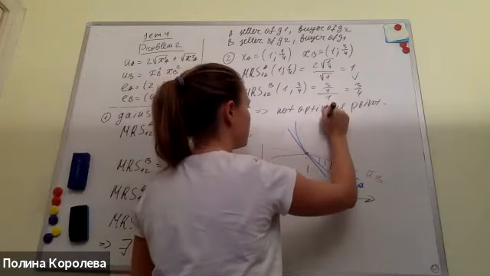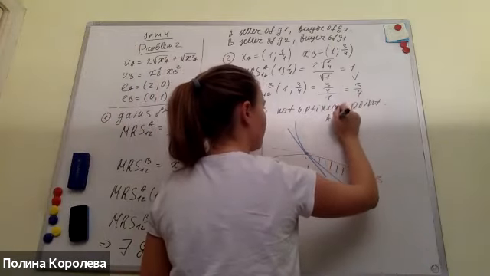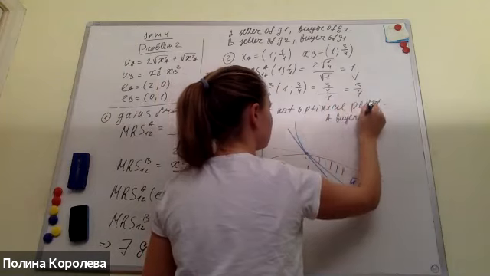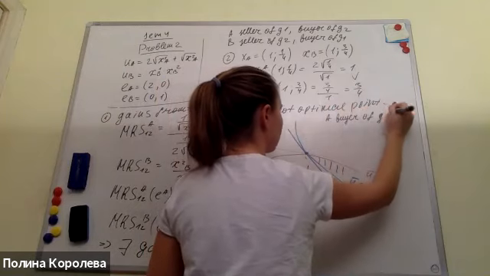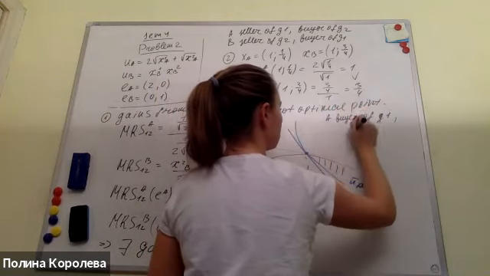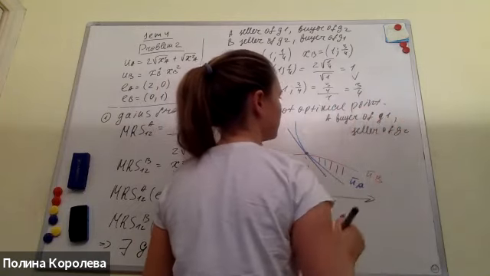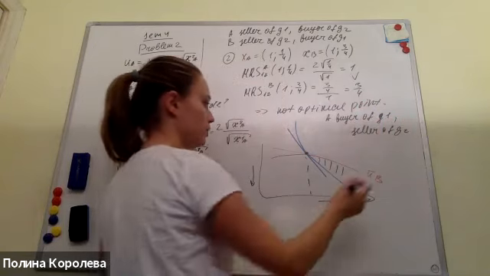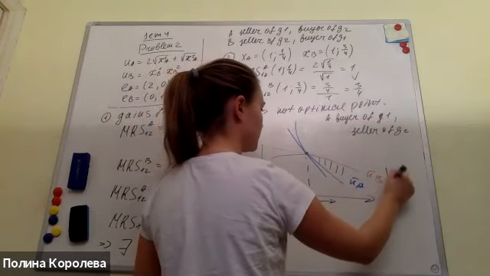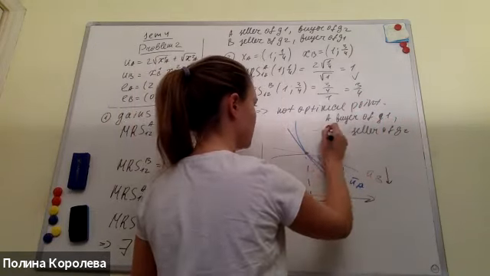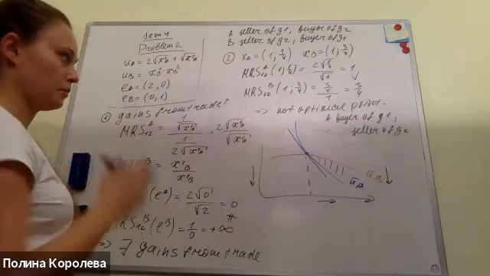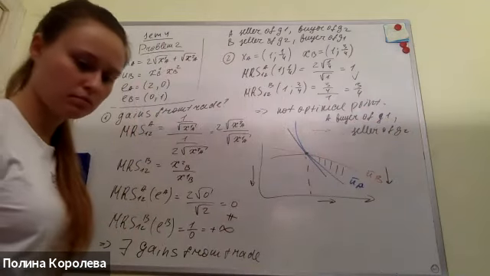We can write that A will be buyer of good 1 and seller of good 2. And B vice versa. B wants to buy the second good and wants to sell the first good. Guys, please, is it clear?